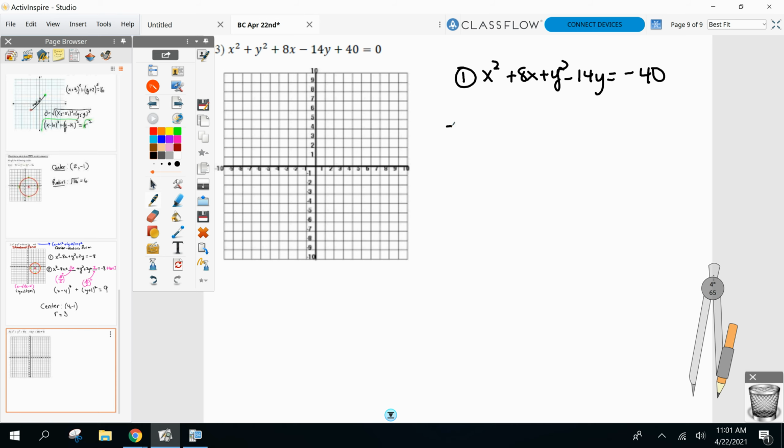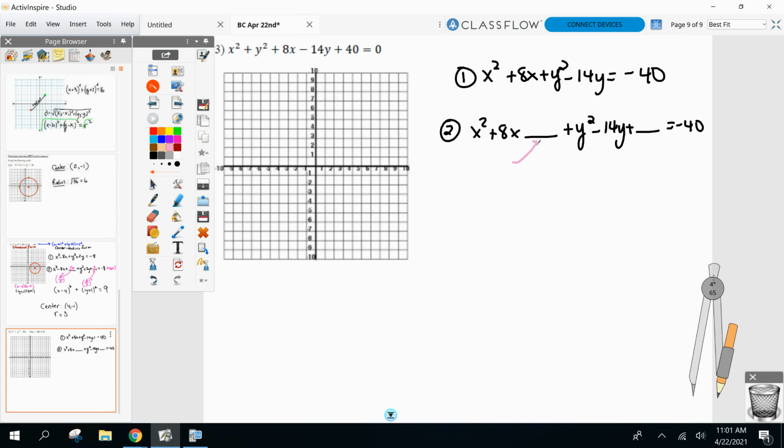All right, now I need to find the number that will complete the square. I'll remind you guys, it's only our second one.